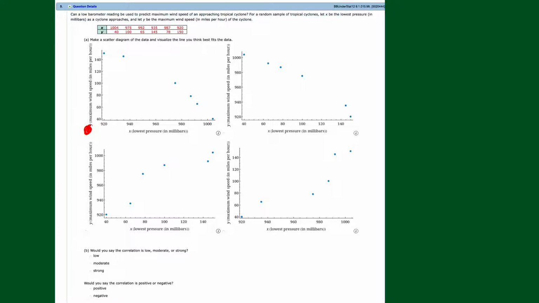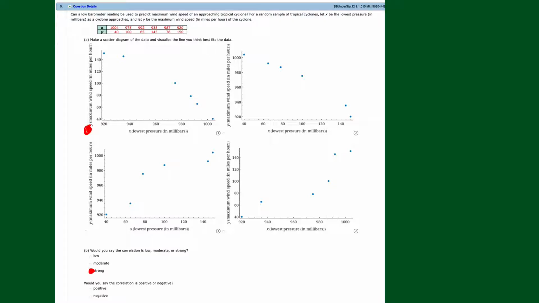Now, part B says, would you say the correlation is low, moderate, or strong? Look, do these points lie pretty close to a straight line? This is a judgment call. I don't think it's low. Could be moderate or strong. I'm going to go with strong. It looks pretty close to a straight line to me.